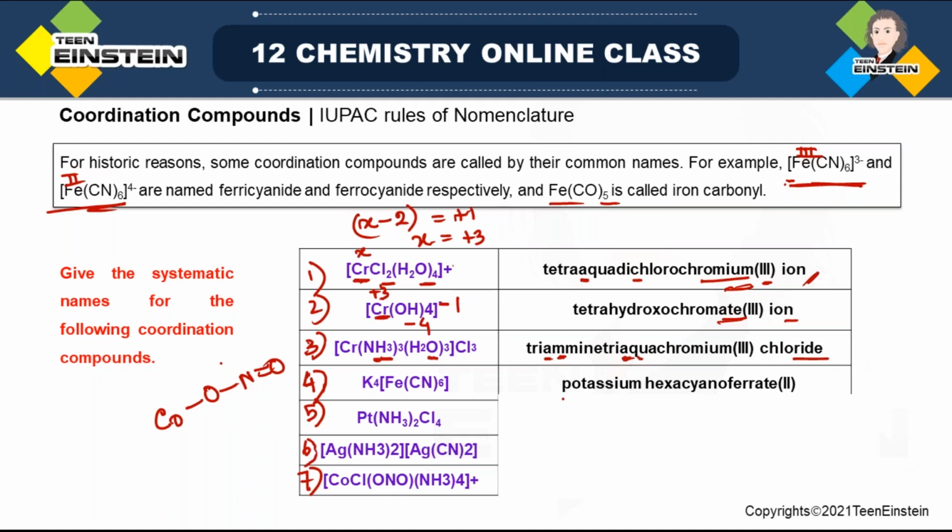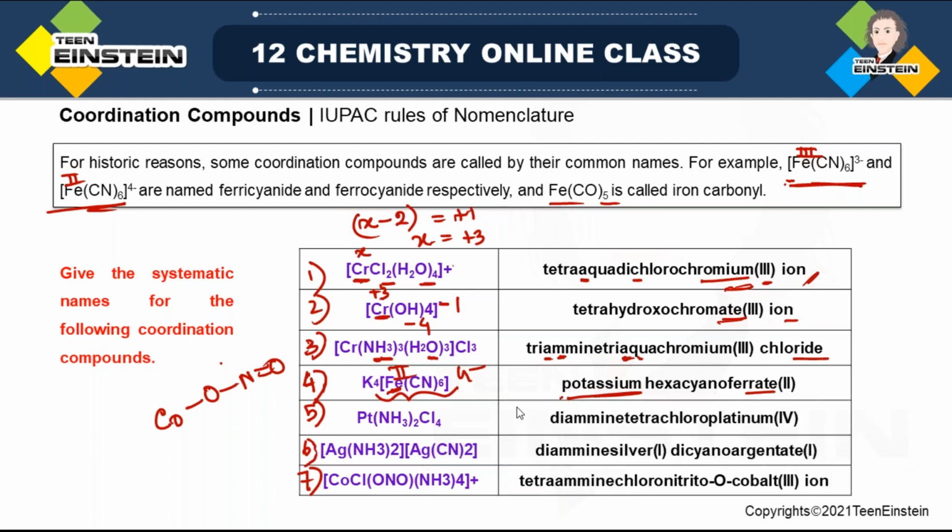Then potassium: see, the cationic part is named first, so we have written potassium first. Then hexacyano, not cyanate, cyano, and ferrate, because now iron is part of an anionic complex. Oxidation state 2, because the outside charge is 4 minus, 2 plus charge, 6 negative charge from CN, so 4 minus.